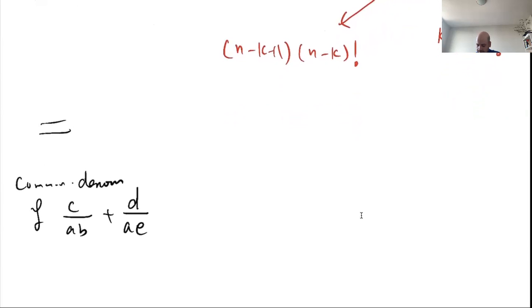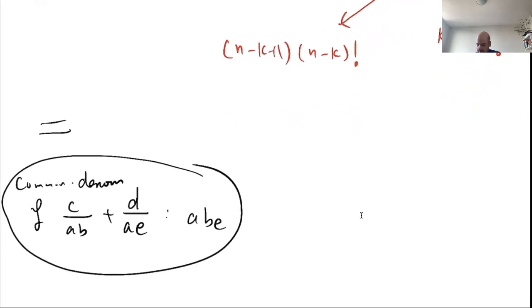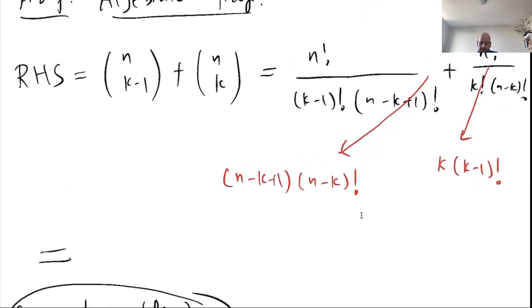So what is the common denominator? The common denominator will be abe, right? If you have two fractions of this form, the common denominator, or LCM, least common multiple, of these two fractions.